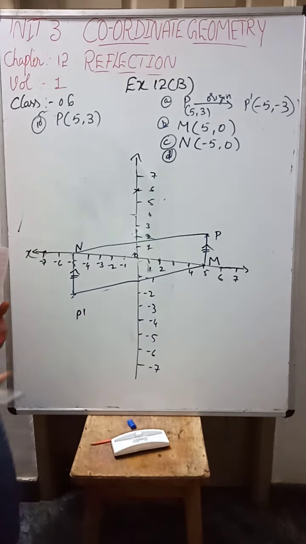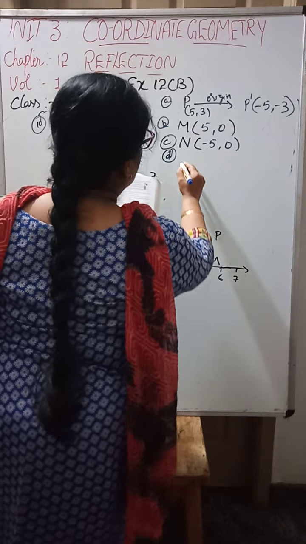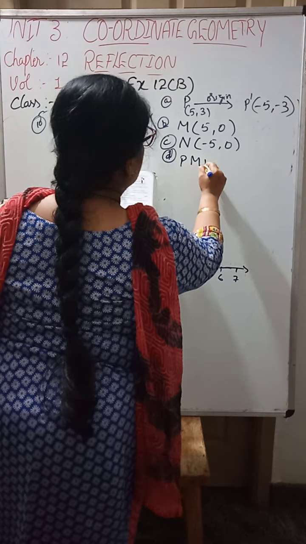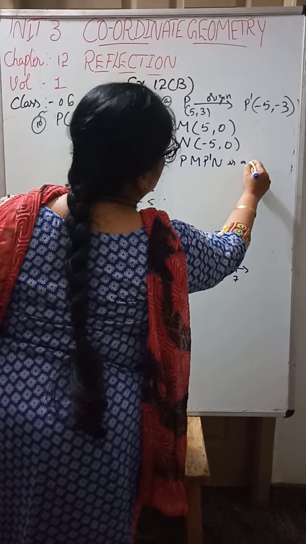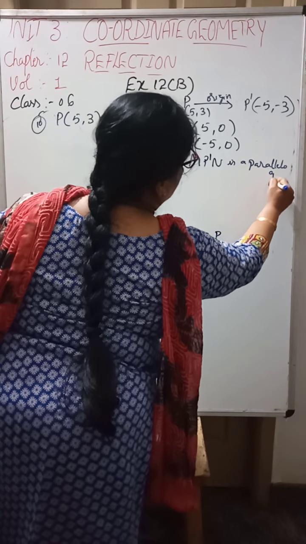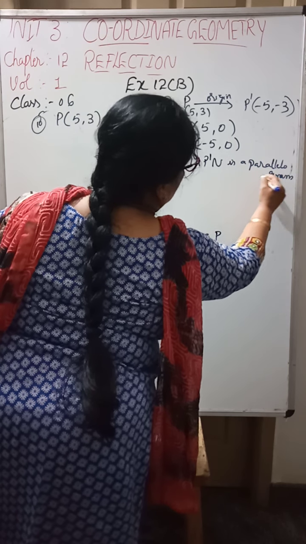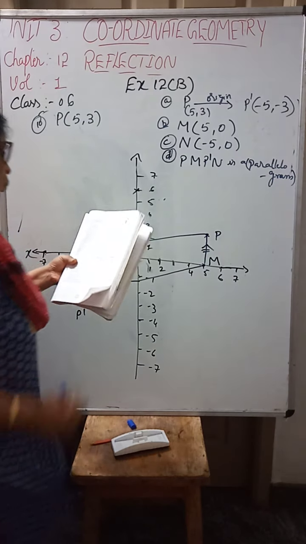So it is nothing but a parallelogram. So the answer to D is that PMP dash N is a parallelogram. Children, you understood well, I think.